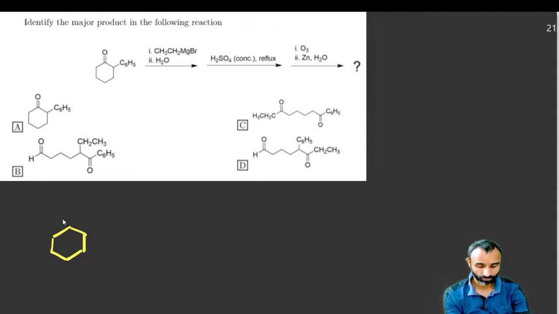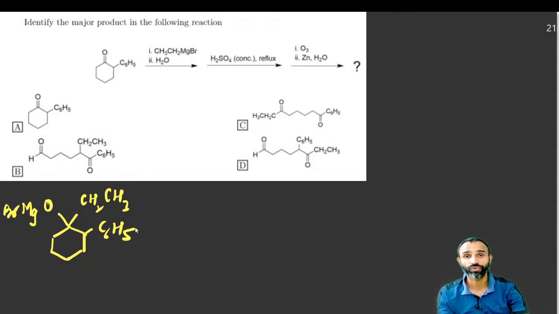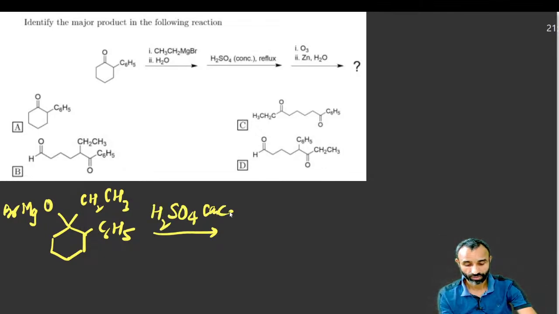Now this ketone, when it is treated with CH3CH2MgBr, gives OMgBr, CH2CH3, C6H5. Now H2SO4 concentrated, reflux.